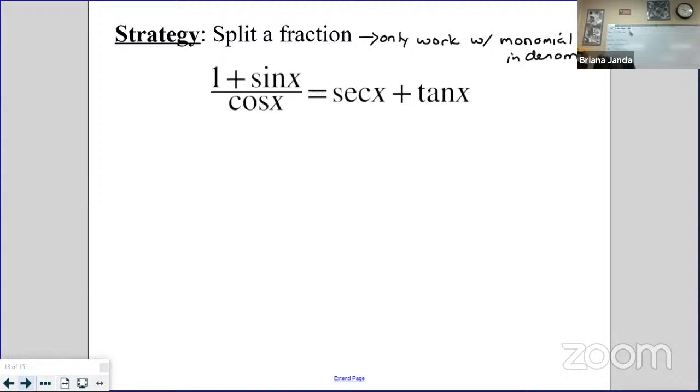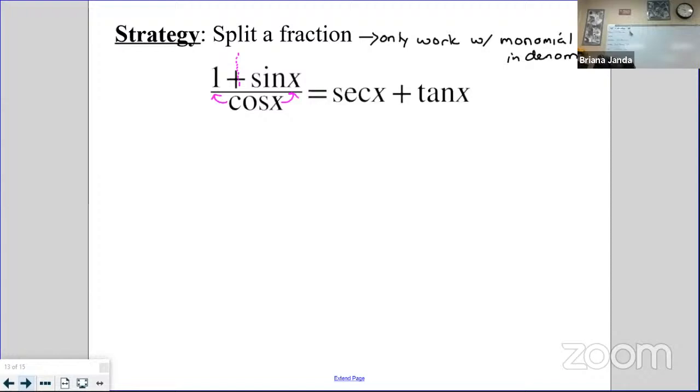Why do I say that? Because remember that they have to keep the common denominator. So I'm pulling it back apart. I'm going to split right here at whatever my plus or minus is and give them both the denominator.